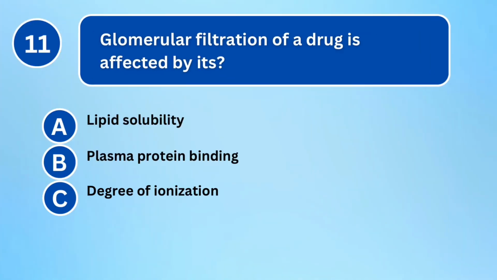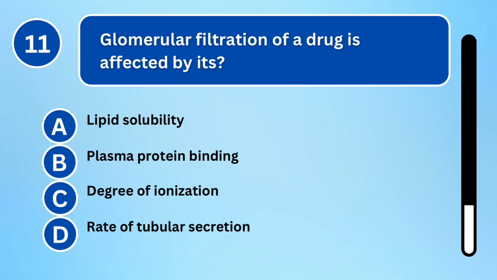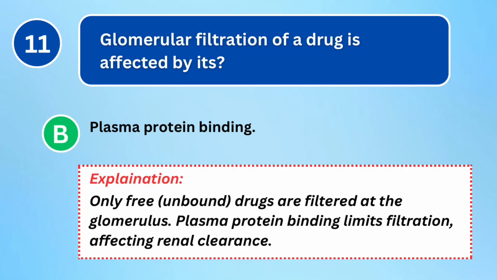Glomerular filtration of a drug is affected by its a. Lipid solubility, b. Plasma protein binding, c. Degree of ionization, d. Rate of tubular secretion. Correct answer, b. Plasma protein binding.